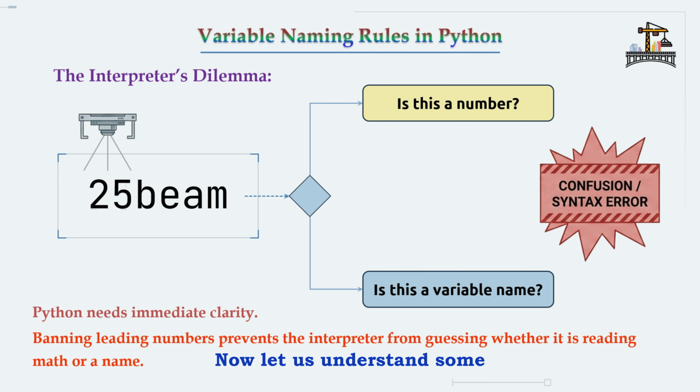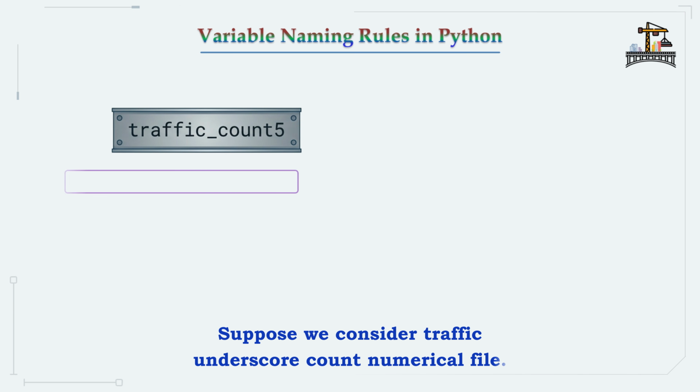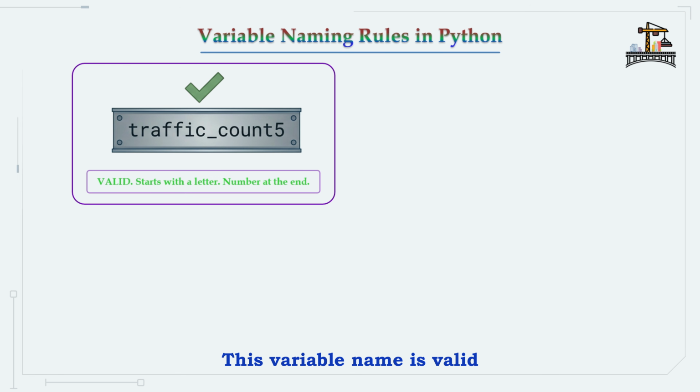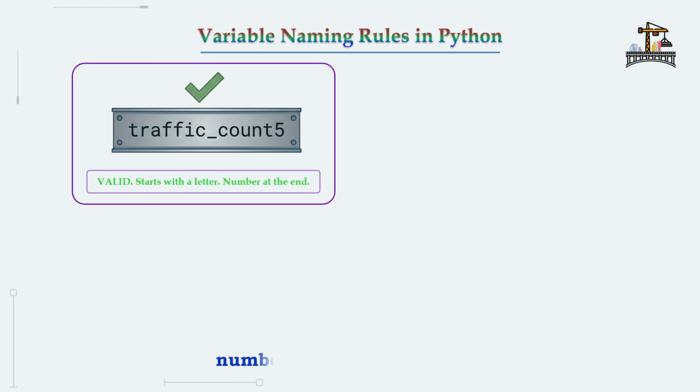Now let us understand some examples of valid and invalid variable names. First example, suppose we consider traffic_count5. This variable name is valid because it starts with the lowercase letter t and the number 5 is placed at the end.